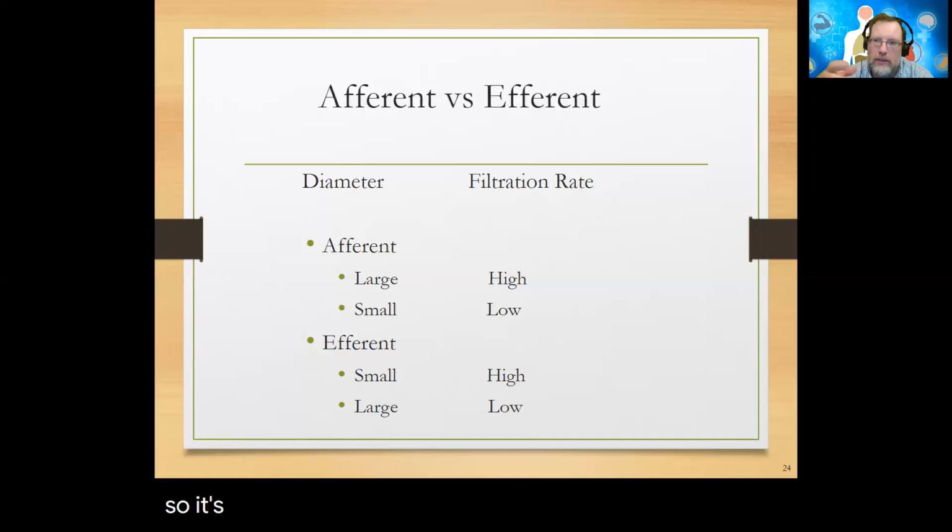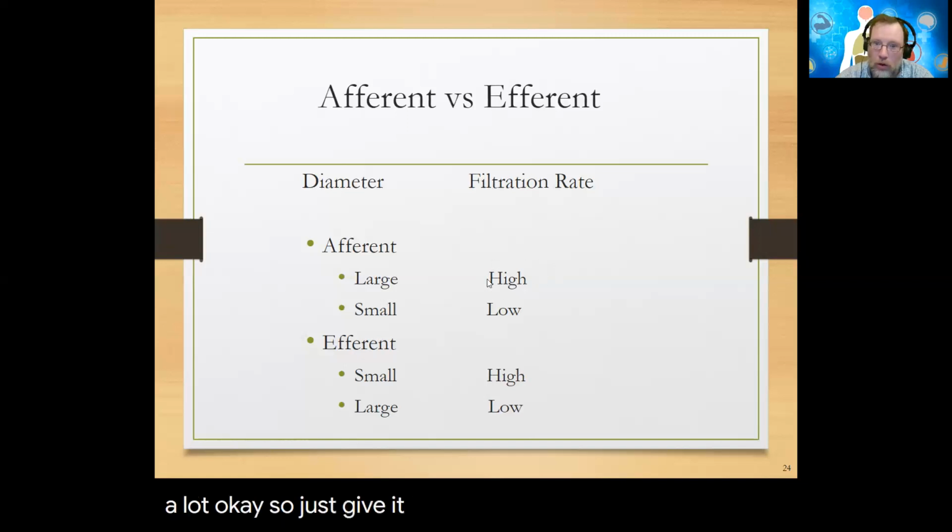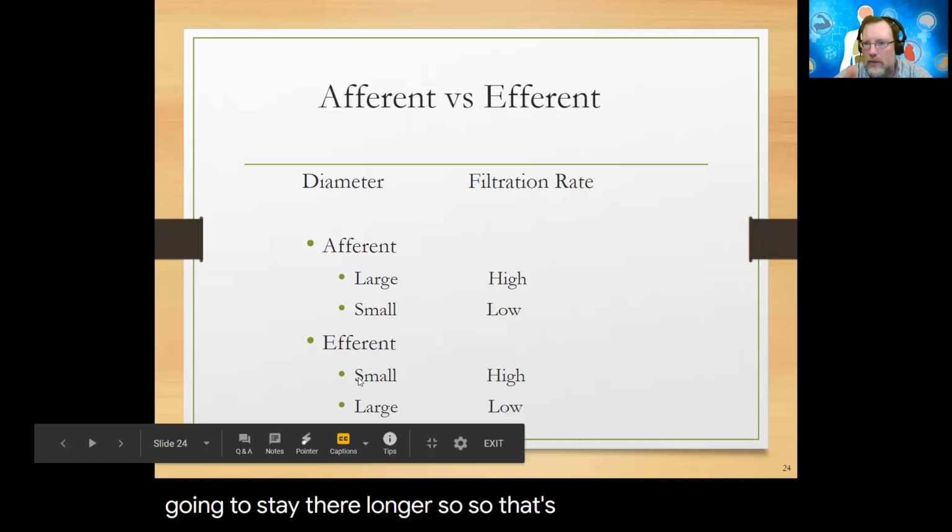And so it's going to stay there longer. So we give it more blood by increasing the diameter of the afferent arteriole, and by decreasing the diameter of the efferent arteriole, we ensure that it's going to stay there longer. So that's what this is trying to show.